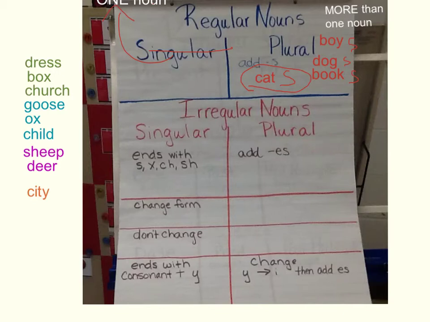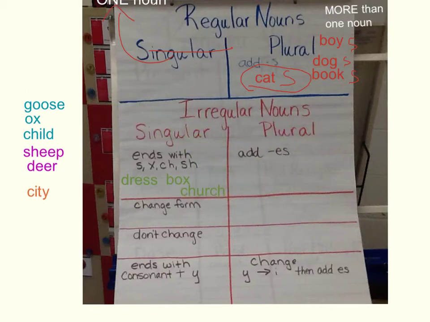Let's look at some of the irregular nouns. Some singular nouns that end with S, X, CH, or SH, instead of adding an S on the end, we add an ES. So let's look at some singular words that end with S, like dress, box, and church.